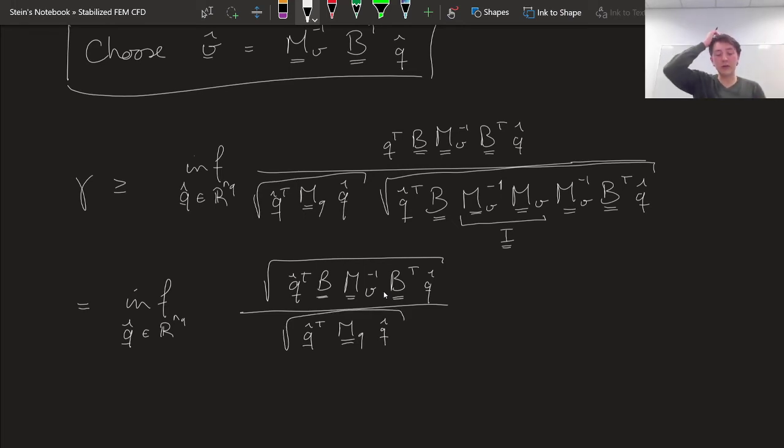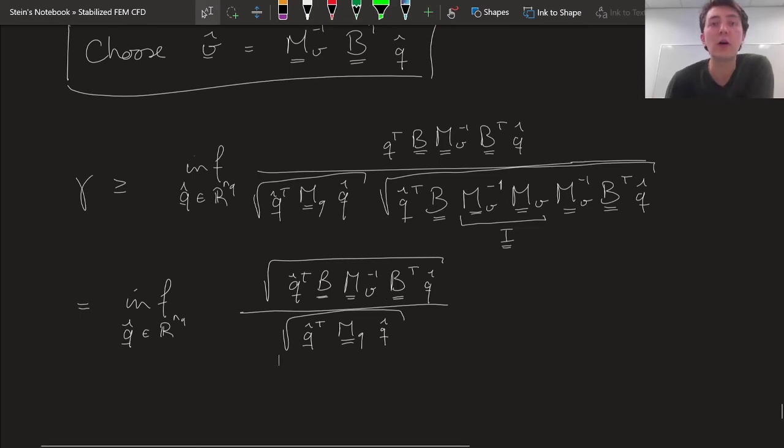Okay, now that's a much nicer expression to work with, and particularly because we have not only significantly shortened our expression and only have a dependency on q, but also because these matrices are relatively well defined.